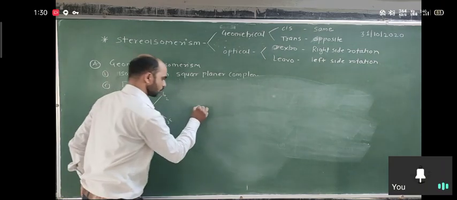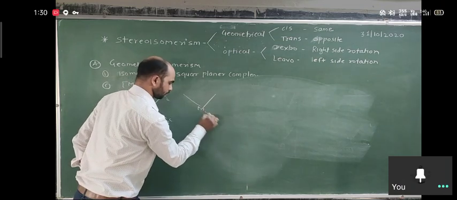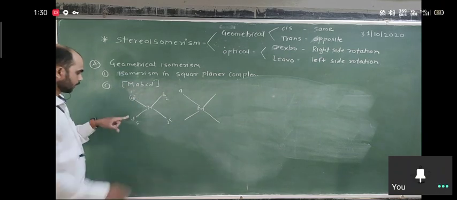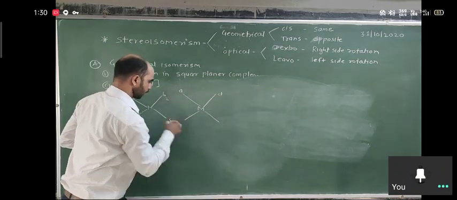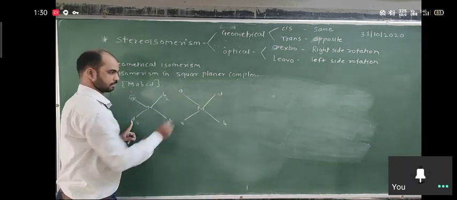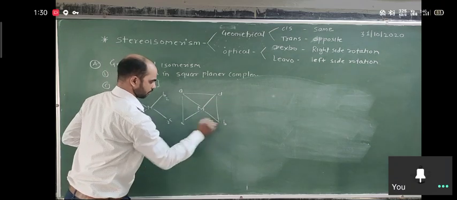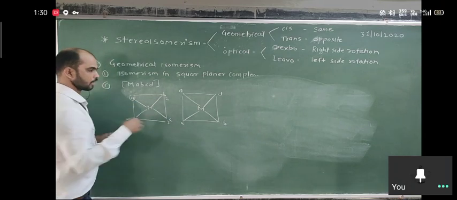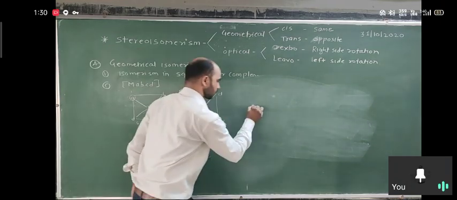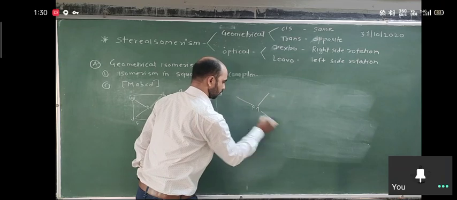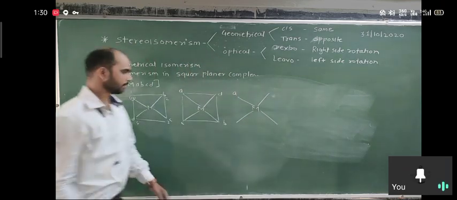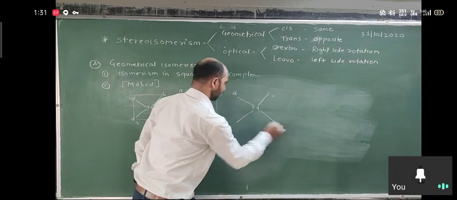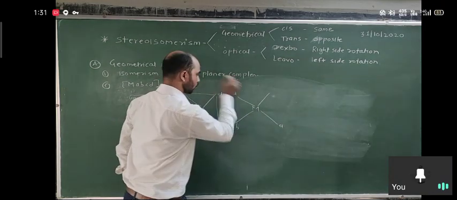So what is the next rotation? A remains there, we hold the position of A, just D goes there, D, B and C. Again, in the third structure, again we hold the position of A, and we rotate another rotation: D comes here, so D, B and C goes there.